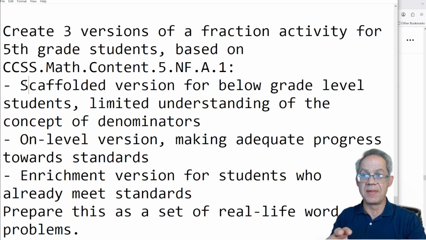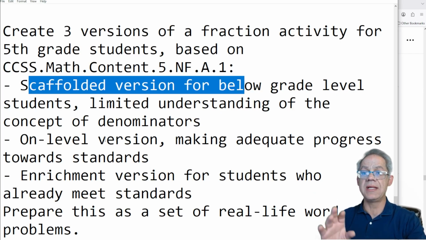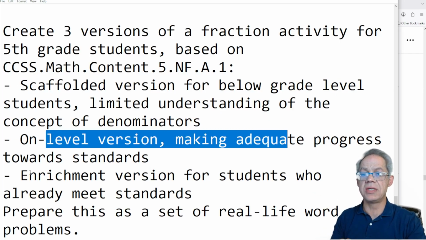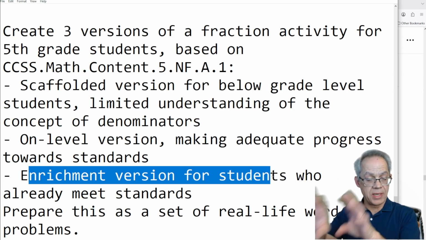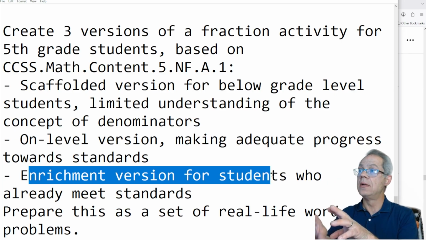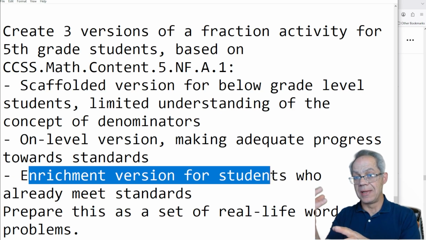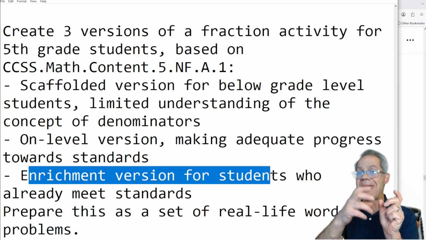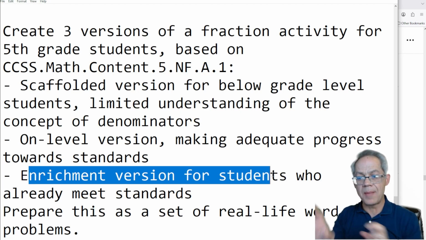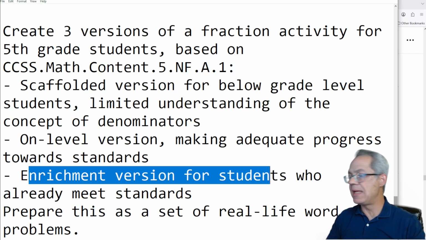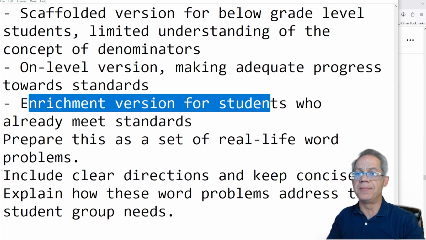So we need something for our below grade level kids. We need an on-level version, we need some enrichment, and whatever else you've got, you can include that student group here, bring in the likely barriers and the supports to overcome that barrier, drop it in your prompt, and then any other additions that you need.